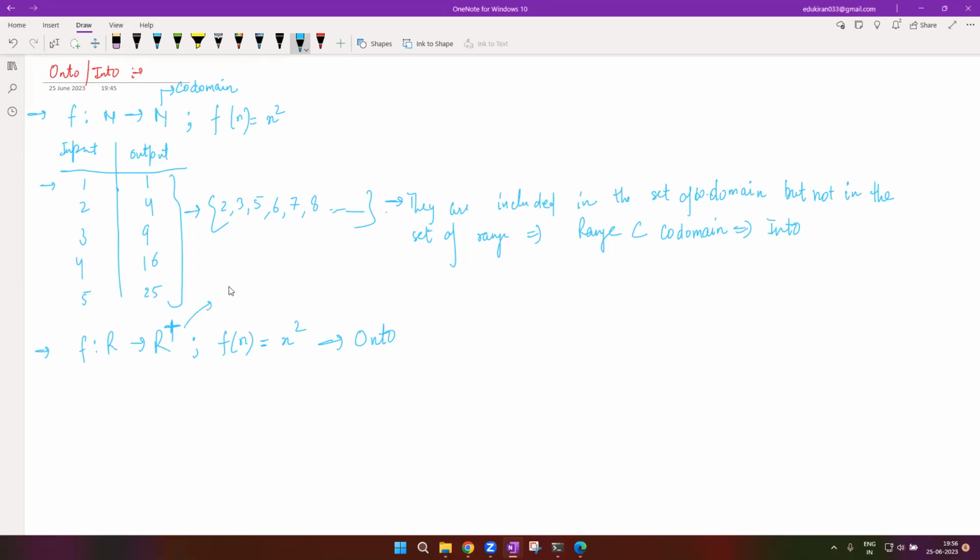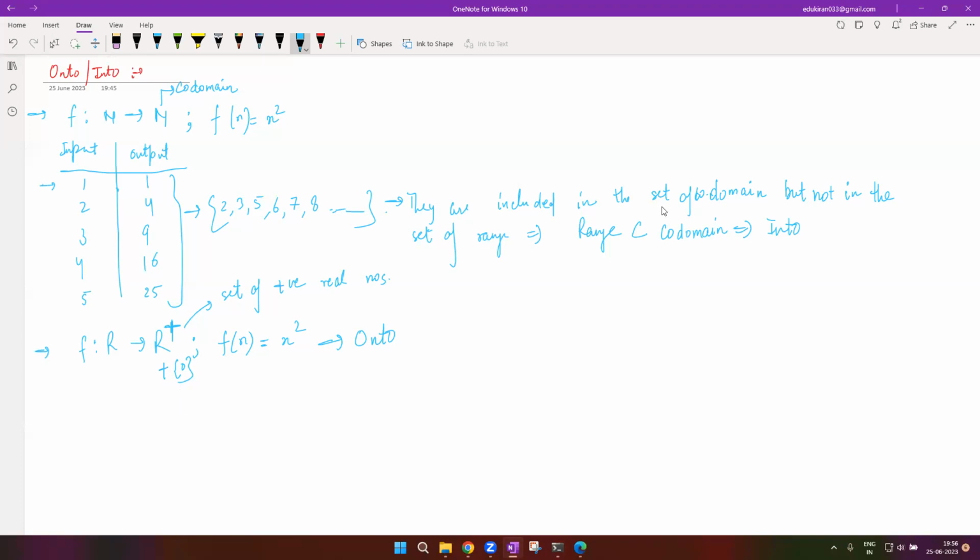So R plus means the set of positive real numbers, and plus 0 also. R plus 0, because 0 is neither a positive number nor a negative number. So we have to write 0 separately.